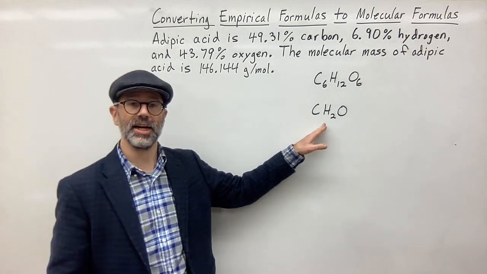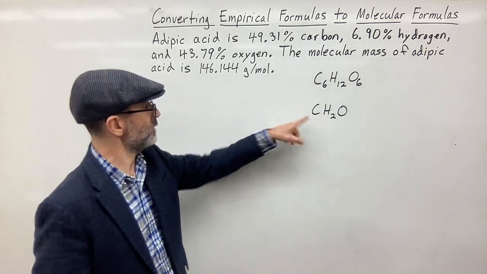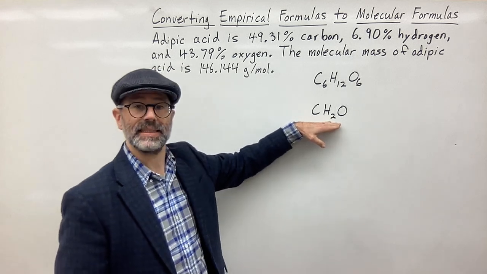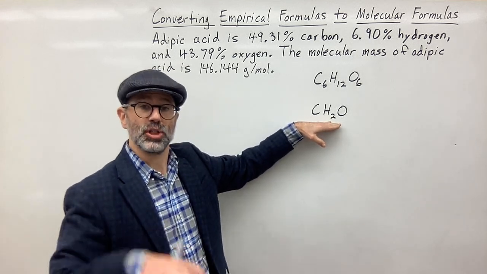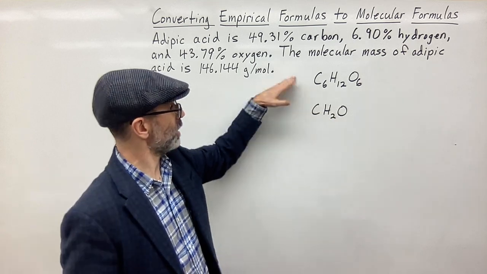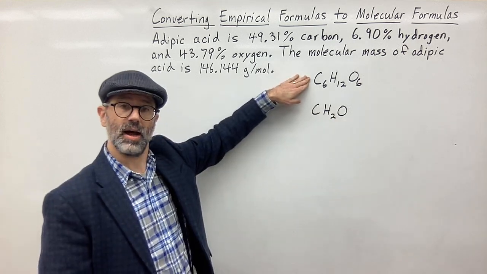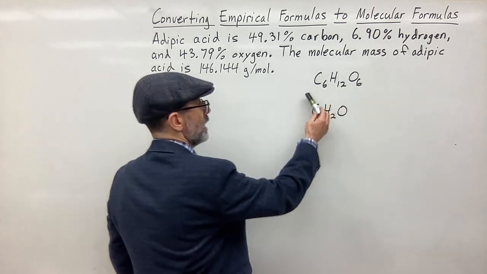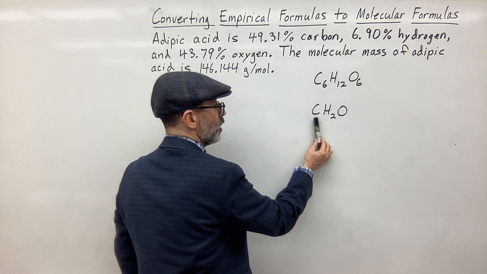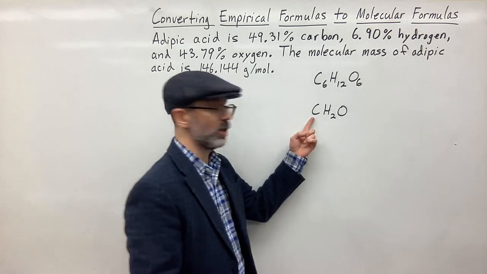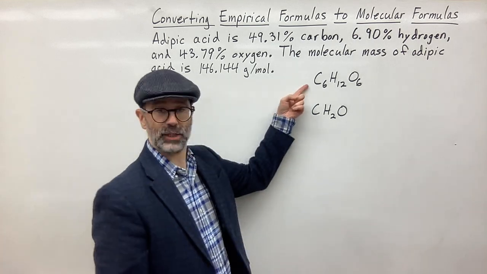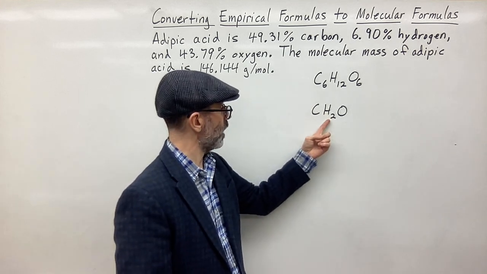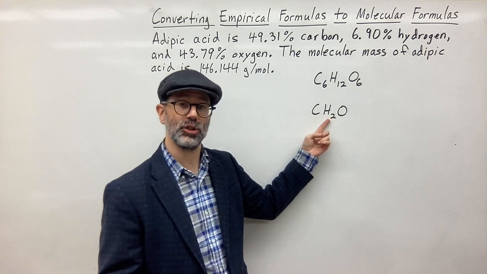you can see here that the empirical formula is 6 times smaller than that of the molecular formula. The empirical formula only has 1 carbon, where the actual formula has 6 carbons. The empirical formula only has 2 hydrogens.